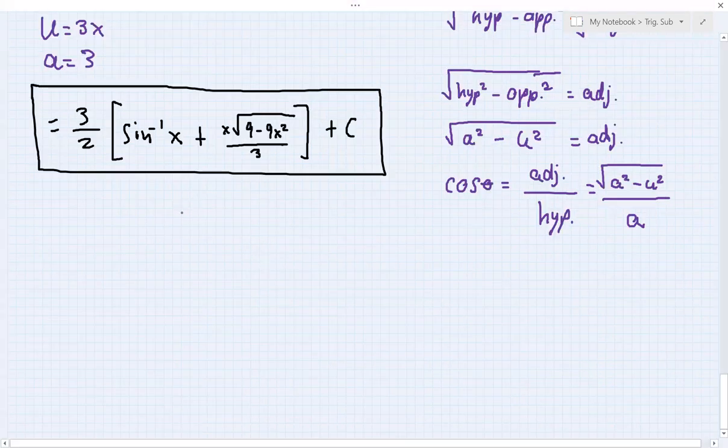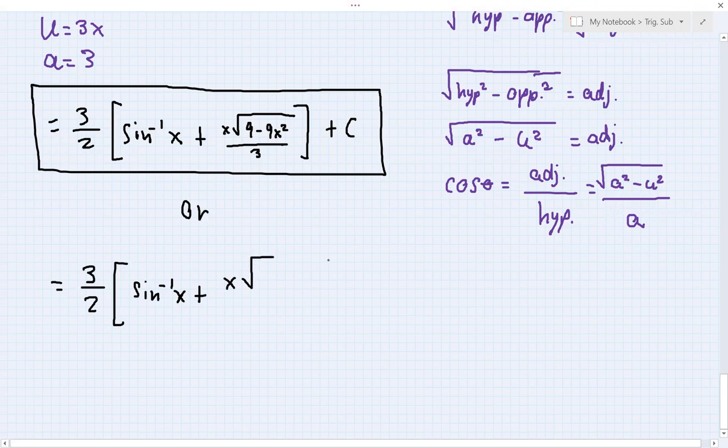Kaya ko pa yan i-simplify. Okay? Or 3 halves times arcsine x plus x. Tapos ito, di ba, meron kang 9 dito. So, pwede mo namang i-factor out si 9 in both sides. So, may 9 times 1 minus x squared, all over 3.